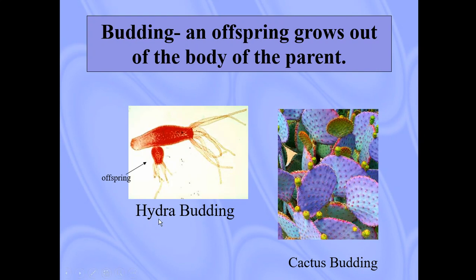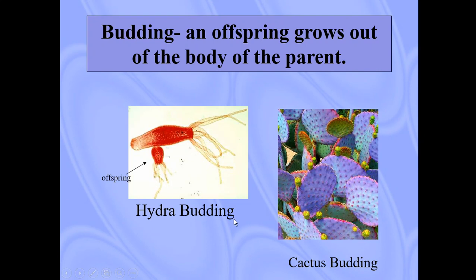A hydra, one of the smallest animals. So kung makikita nyo class, hydra, yan, meron siyang bud. And this bud will come out from the mother hydra. And once that matures, it will separate, then becomes another organism.